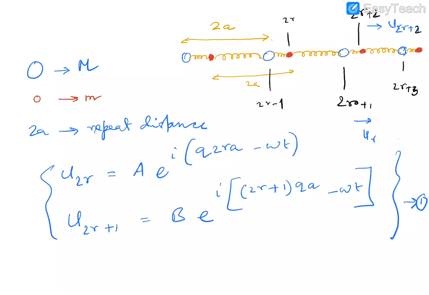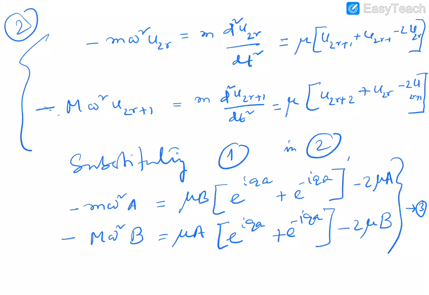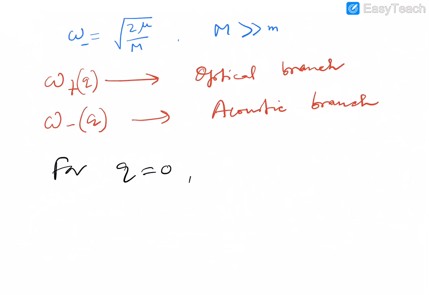If you now consider q equal to 0, for example, then we substitute these values into the equation of motion, in equation 2. So let me write it for q equal to 0. If we substitute 1 in number 2, the equation of motion, what will we find?